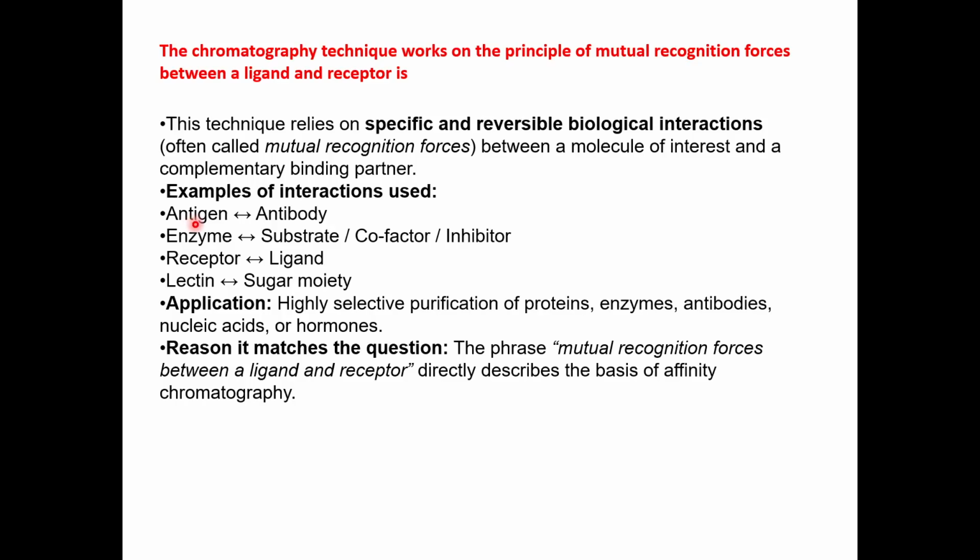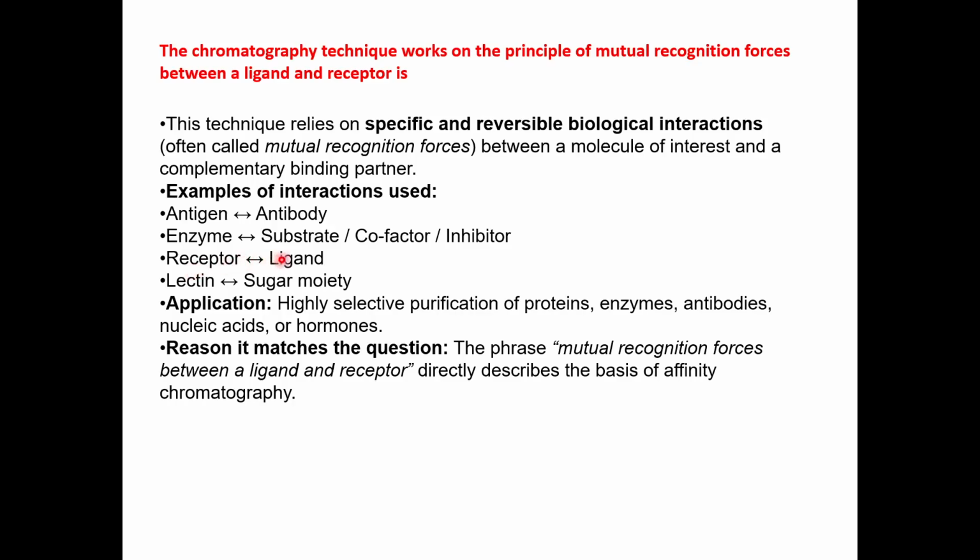For example, you can use the interactions of an antigen and an antibody because antigen and antibody are binding partners and they are very specific. Antibodies which are raised against a specific antigen only bind against that antigen. In the same way, enzyme substrate complexes, like I told you, the lock and key, when we were discussing the enzyme substrate interaction, we use the lock and key model as an analogy.